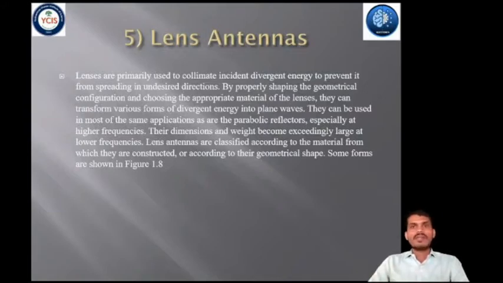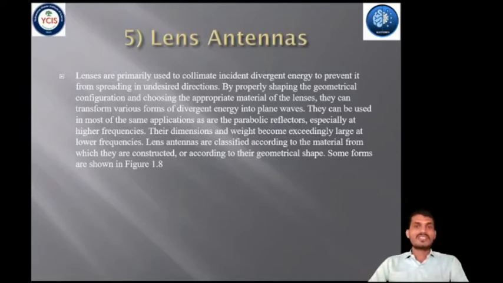By properly shaping the geometrical configuration and choosing the appropriate material of the lenses, they can transform various forms of divergent energy into plane waves. They can be used in most of the same applications as parabolic reflectors, especially at the higher frequencies.